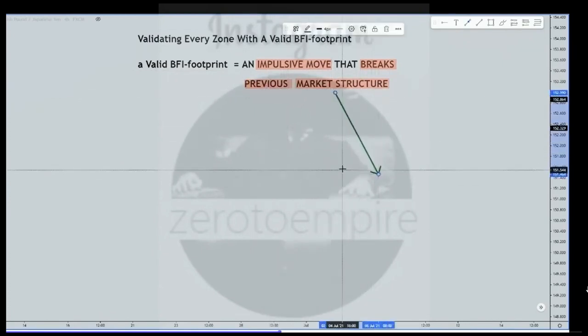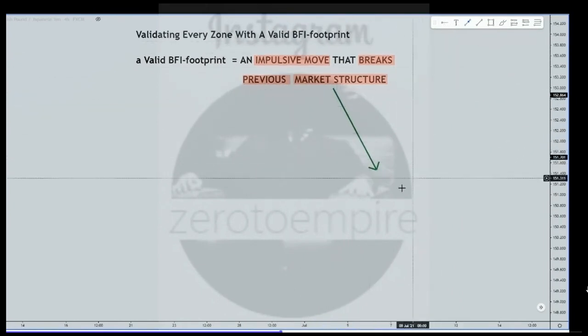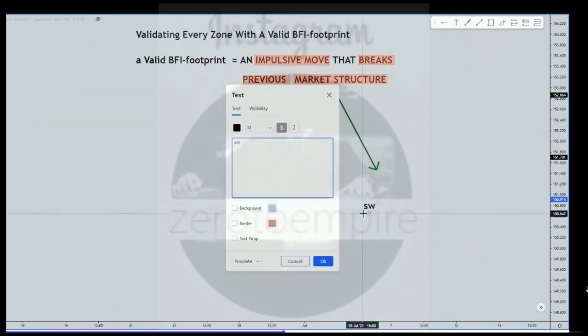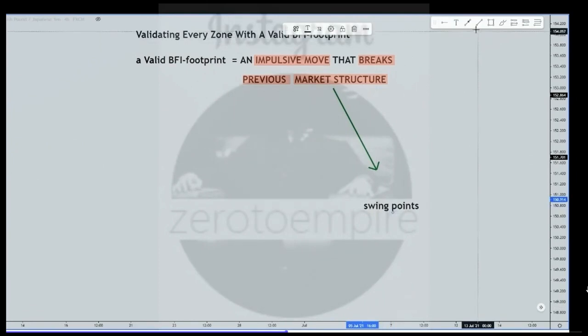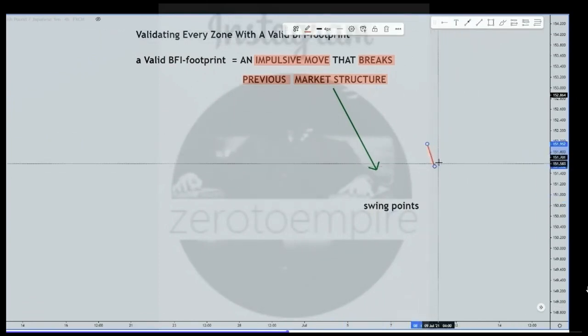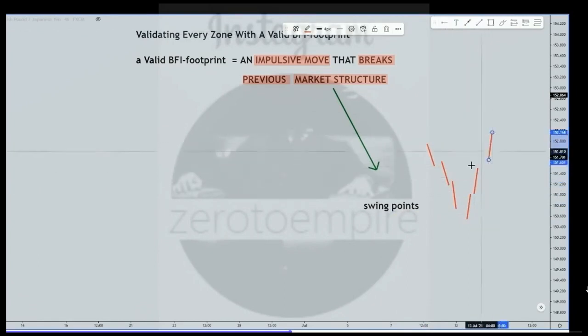Market structure. There's a few ways we can say that. They can call it swing points. Like we said earlier, a few candles down and then maybe a few candles up. This is a swing point. Not every candle is a swing point.